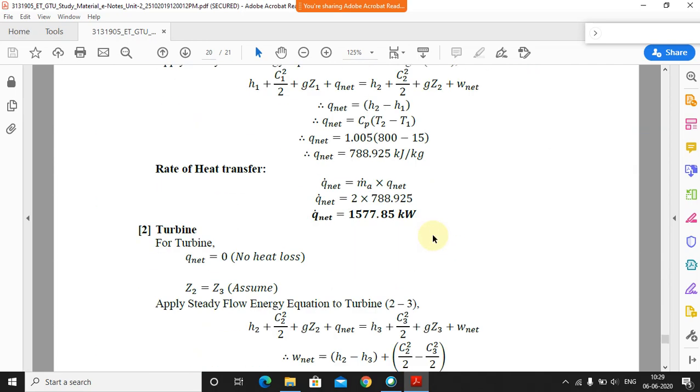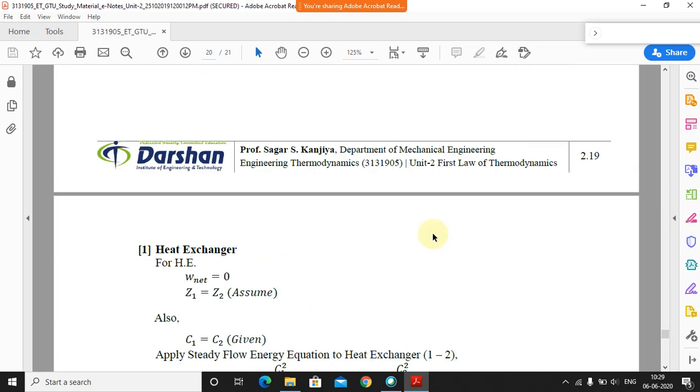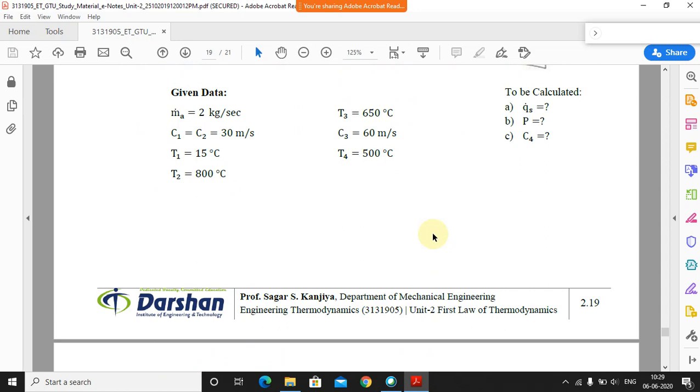Okay, so here are all the values. Substitute all the values and tell me the answer. What value of velocity are you getting at the exit? Now C4 is unknown, that we need to find out.